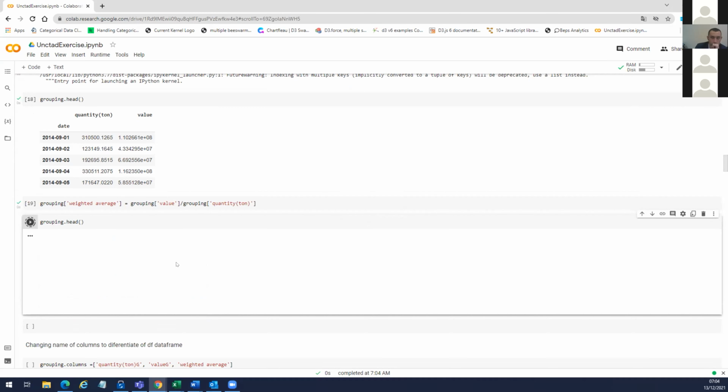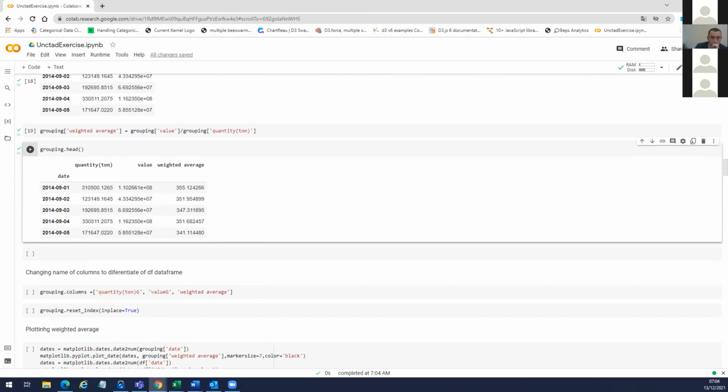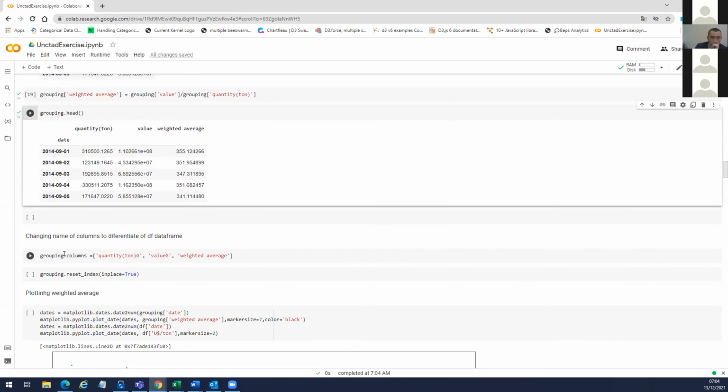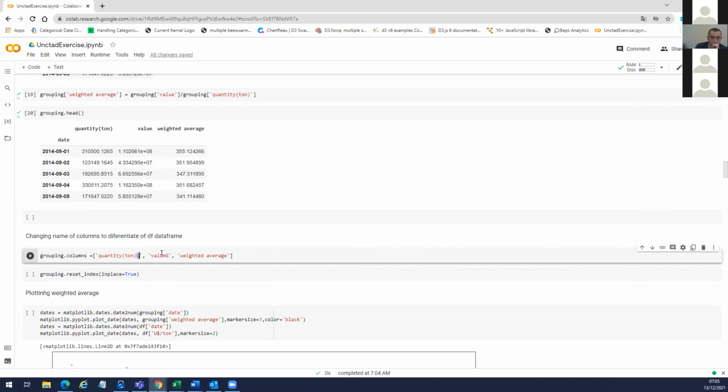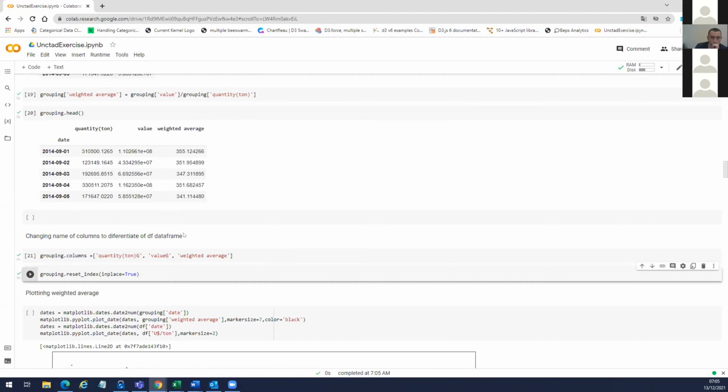And then I have a weighted average by day after this calculation. It is a new column in our grouping head. I will change the names of the grouping columns so as not to confuse them with our original data frame. Quantity, I will call it quantity G, and value, value G, to differentiate. And now I will plot the weighted average by day that I calculated.